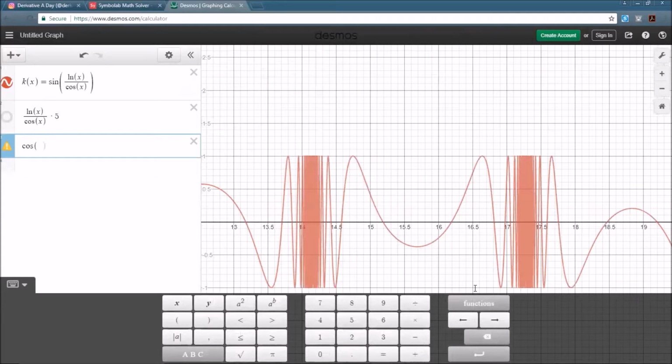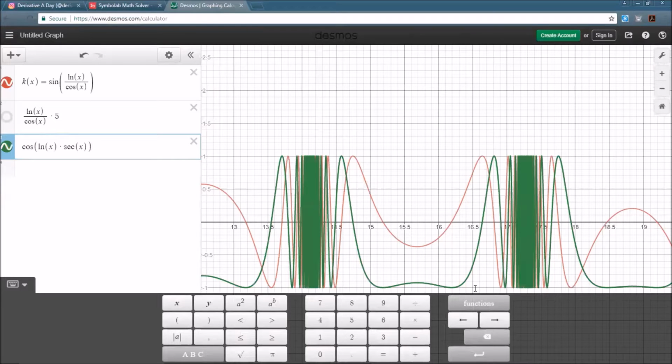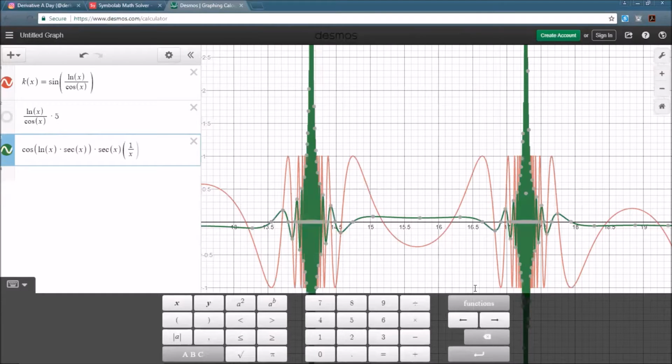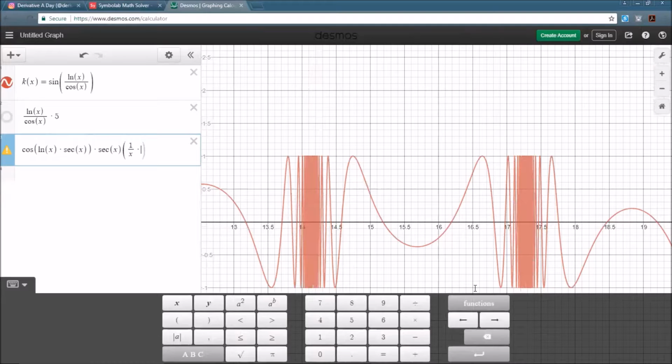cos x by secant. I should not know what I just typed there, so that should be right. Times by secant x, 1 over x, times by plus, I don't want to mess up typing this in right now.